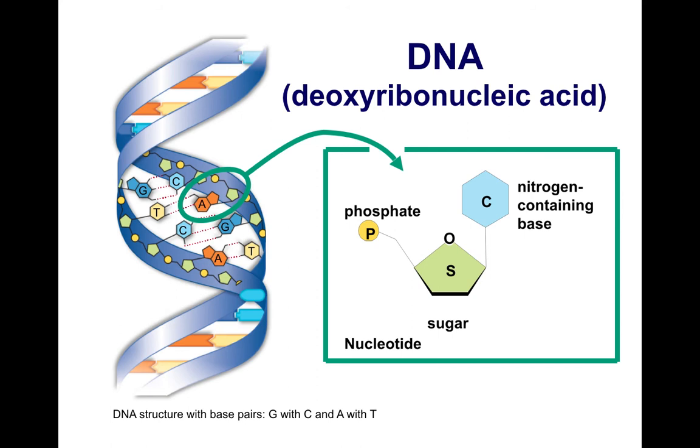And if you think of this step ladder, it is the sides of it that are made of sugars and phosphates. And then the horizontal bars that you step on when climbing the ladder, those are our bases. And there were 4 different bases. And let's have a look at them.